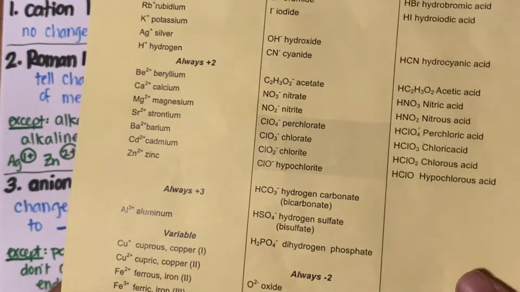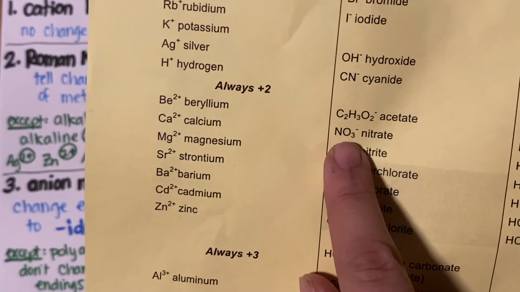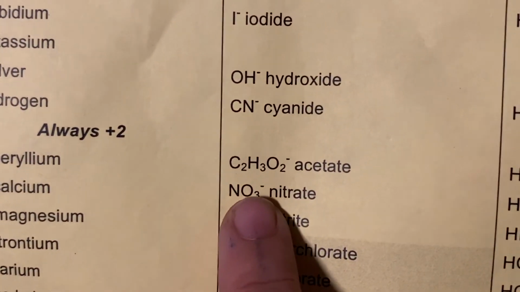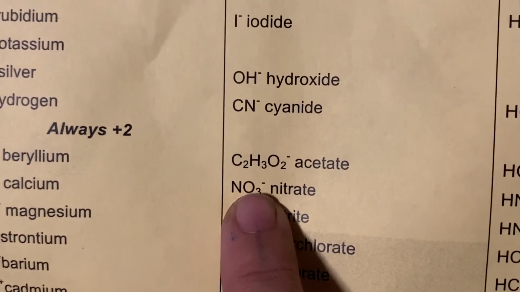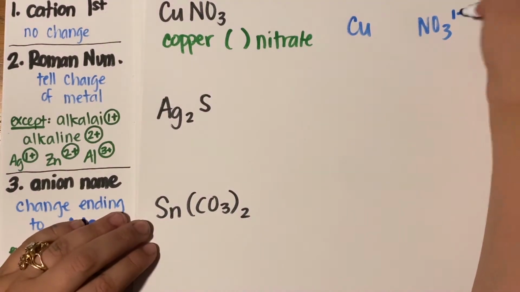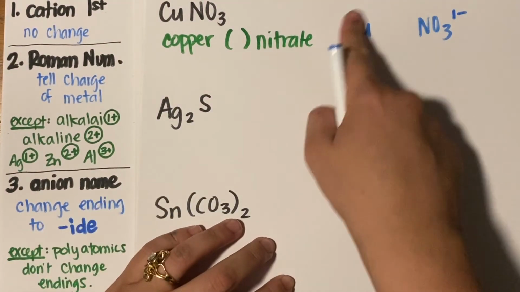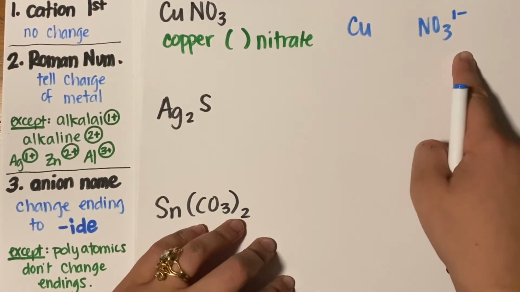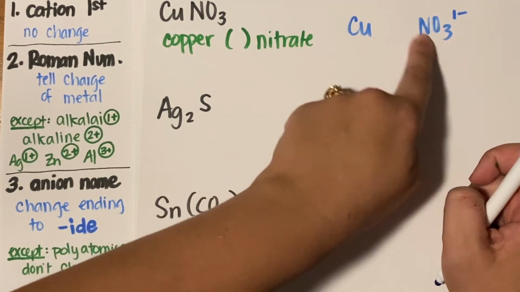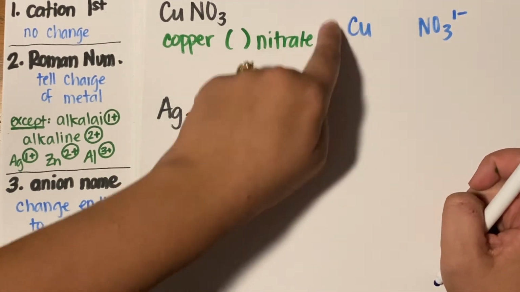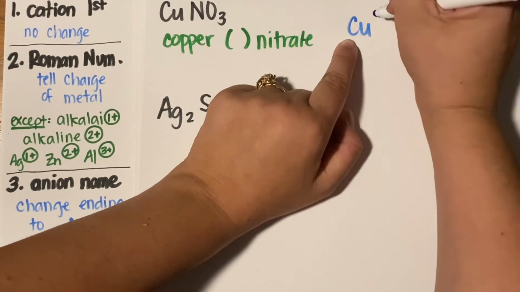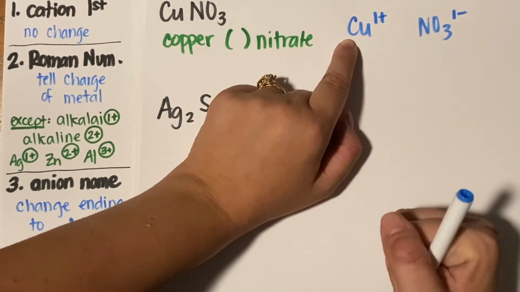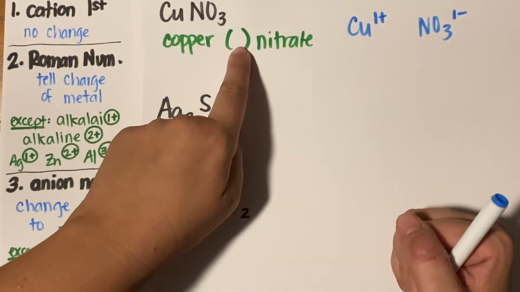So this nitrate, NO3, again, use your reference sheet if you don't have it memorized. NO3 has a 1 minus charge. And for this compound to be electrically balanced, my anion charge has to even out with my cation charge. So this copper has to have a 1 plus charge, which means this is copper 1.